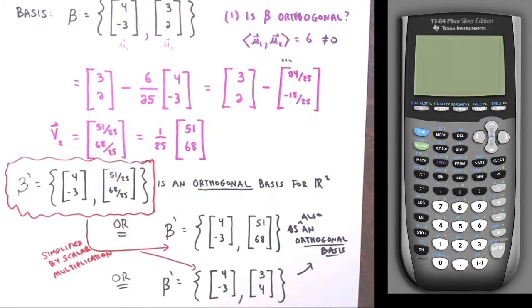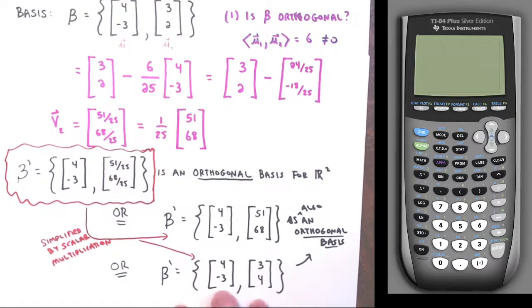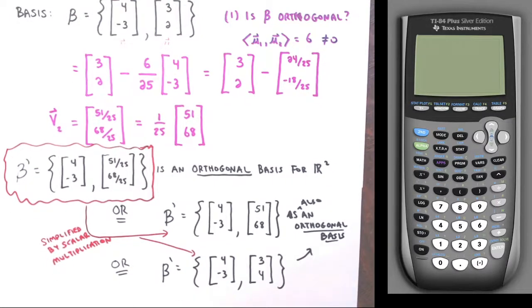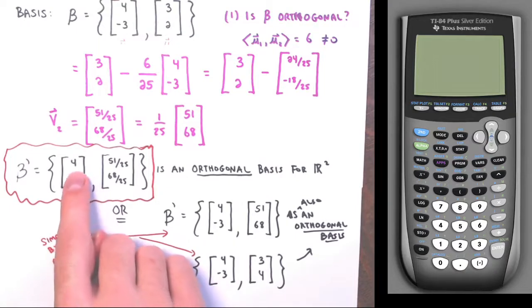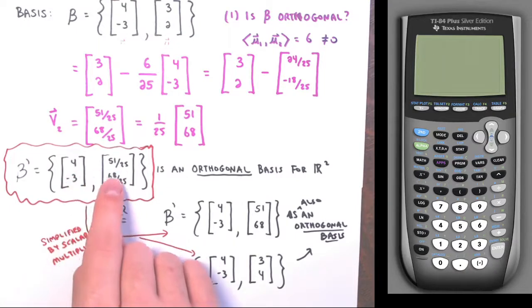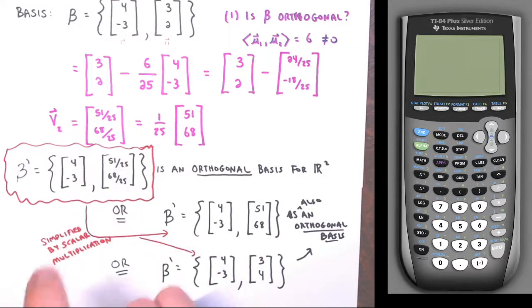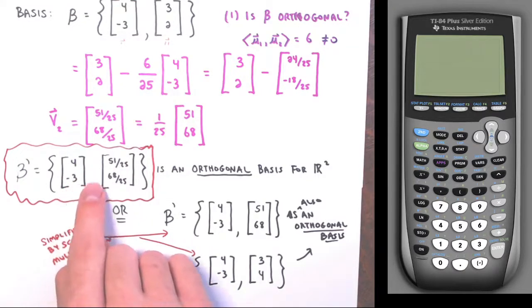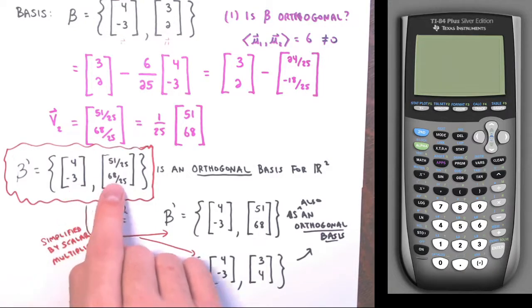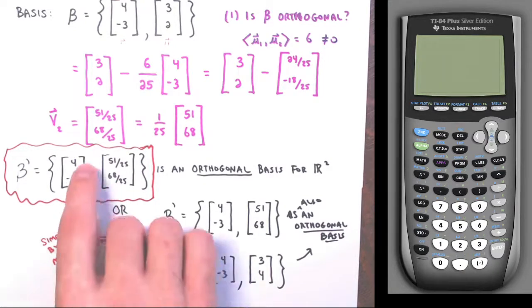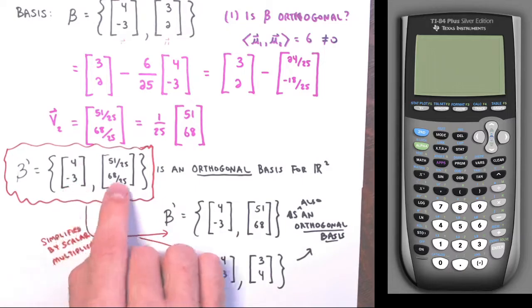And you can double check me. Let's see if that's true. Let's do the dot product of these two, the inner product of these two. 4 times 51 is 204, so I have 204/25ths. Negative 3 times 68 is negative 204. So I have 204/25ths minus 204/25ths.